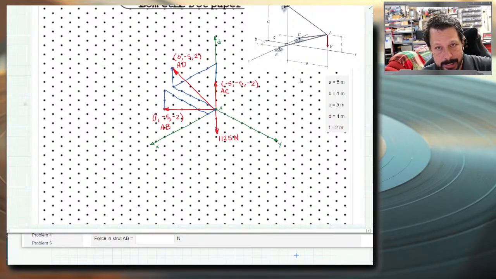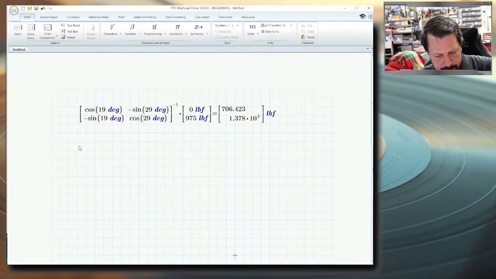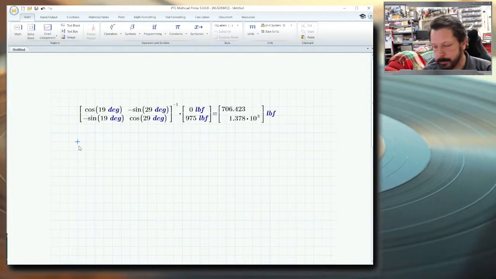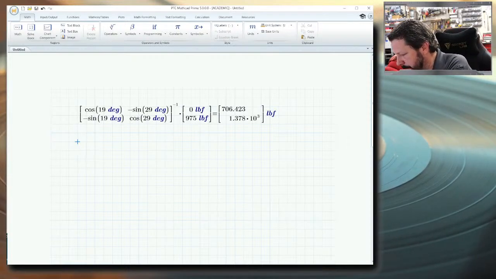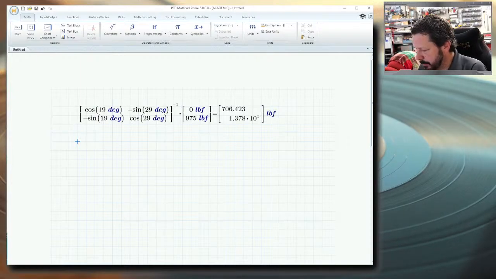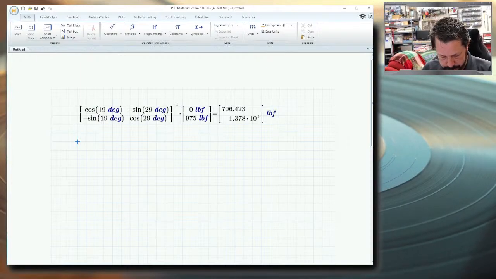So it's like a squared plus b squared equals c squared, except there's a third component in there. X squared plus y squared plus z squared equals the length of the line. So I'm going to do that in Mathcad just so that we have the whole thing put in there. It's a little bit cumbersome in Mathcad just because there are so many of them, but we'll still do it.